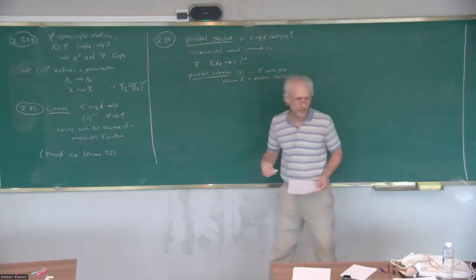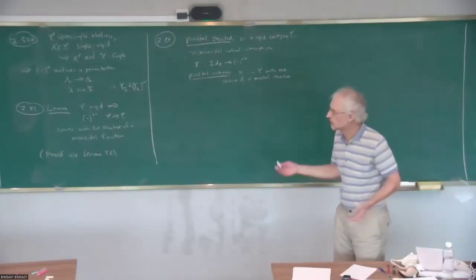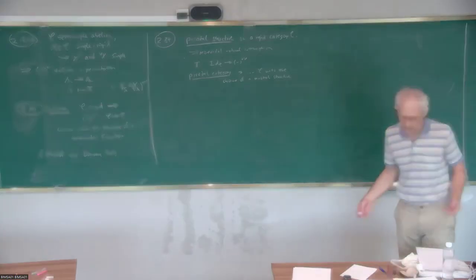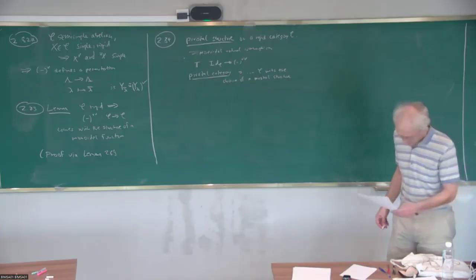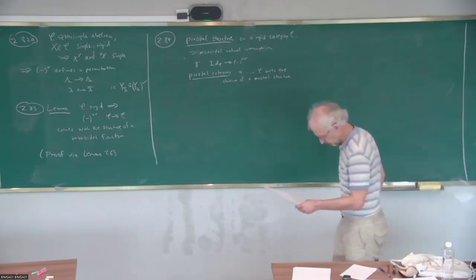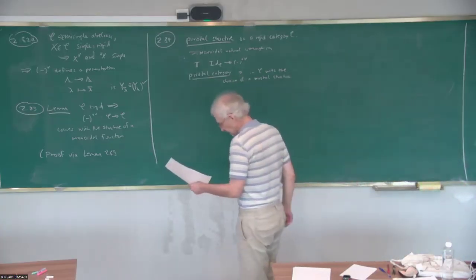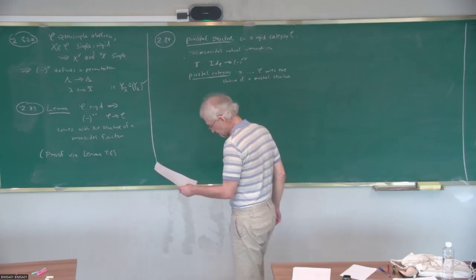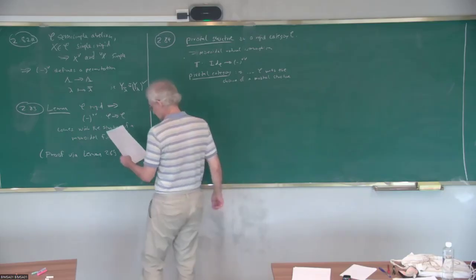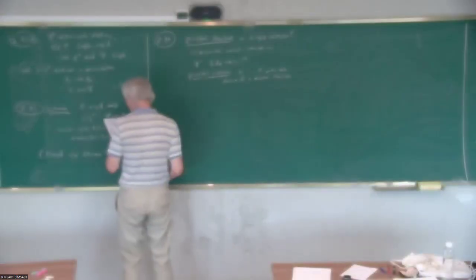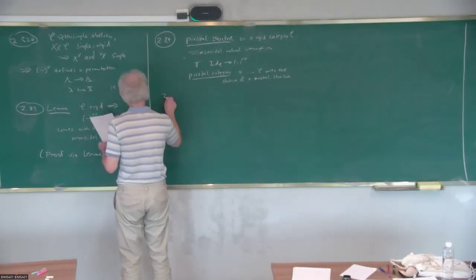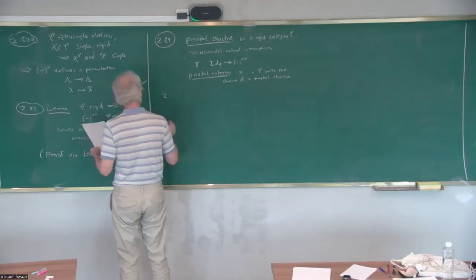And this is structure. So for a given rigid monoidal category, there need not exist a pivotal structure, and if one exists, there can exist several different ones. And we will see one very simple example below.